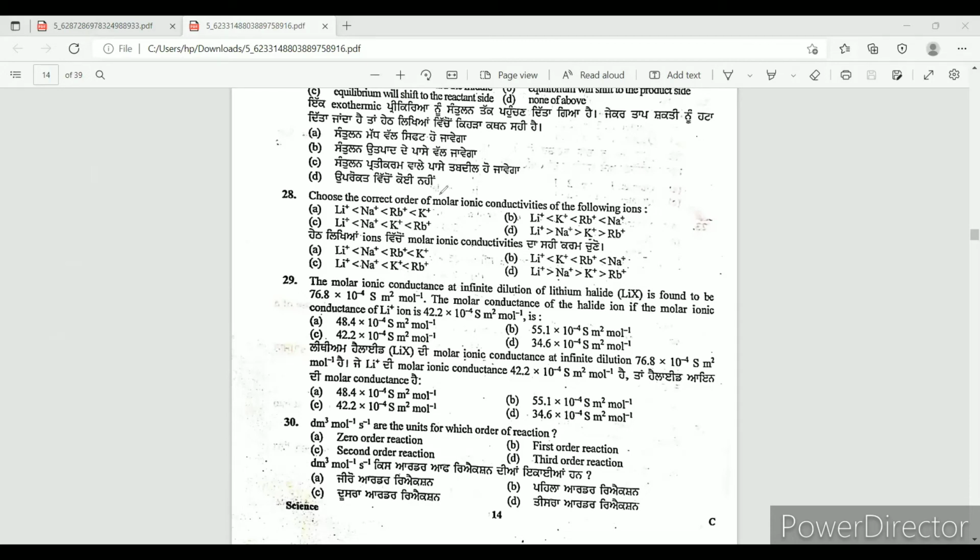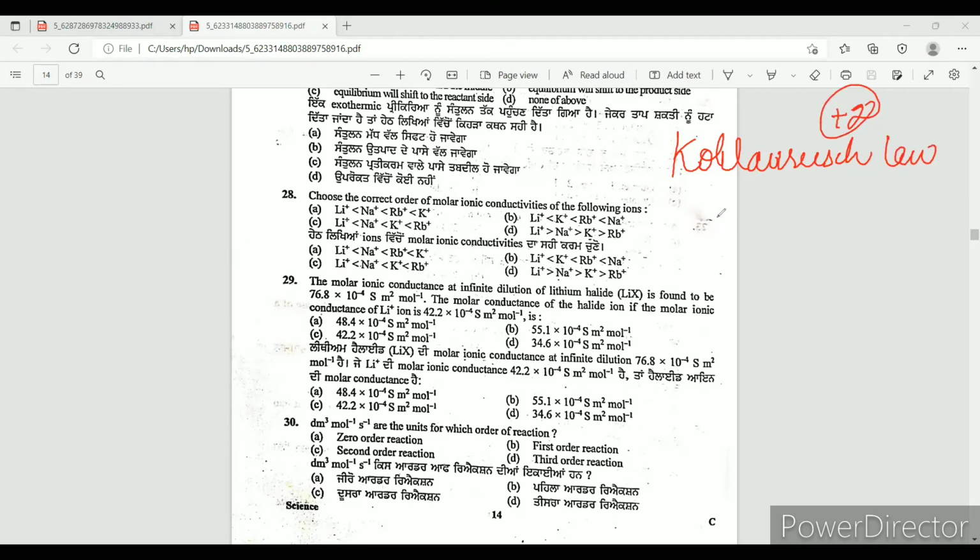Now the next question, 29th question: the molar ionic conductance at infinite dilution of lithium halide is found to be 76.8 into 10 raised to power minus 4 Siemens meter square mole inverse. If the molar ionic conductance of lithium ion is this, then what is the answer for the halide ion? Let's solve this by using Kohlrausch's law. Again, the topic is from +2.